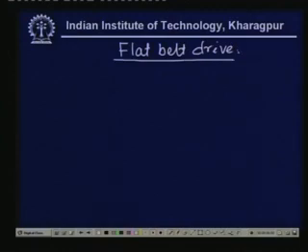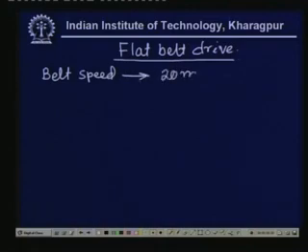Once we consider the flat belt drive, certain situations, as I told you, are required to be looked upon. One is the belt speed. It could be around 20 meters per second, because we know the range is roughly 15 to 25, so somewhere in between, 20 meters per second.